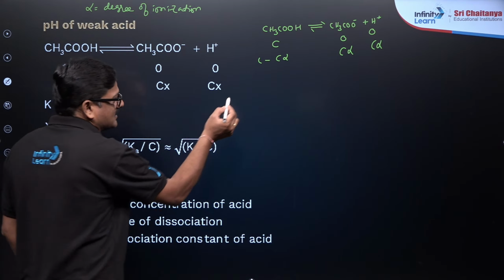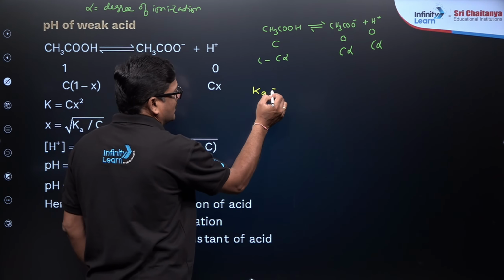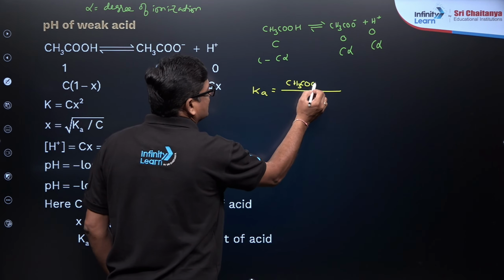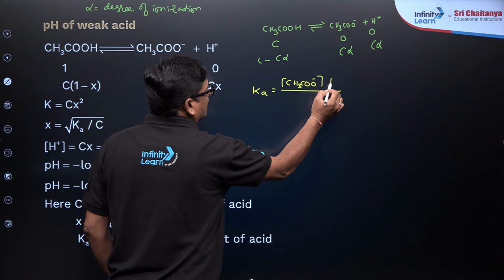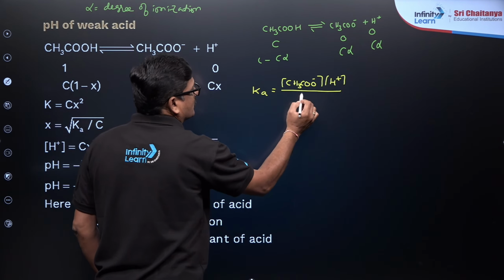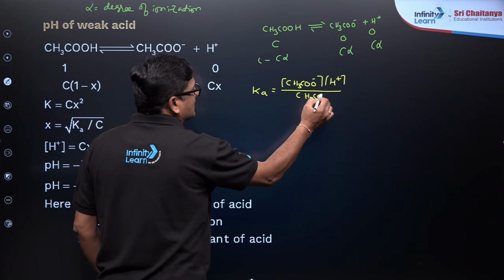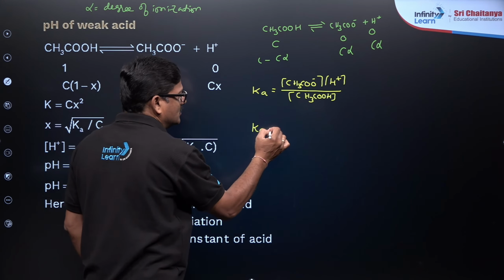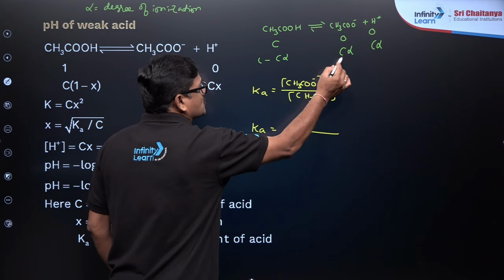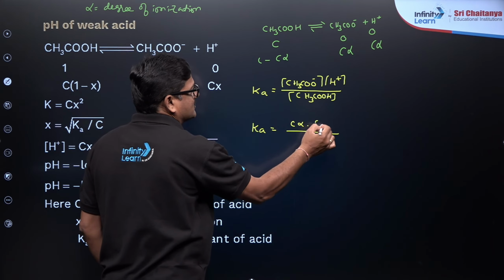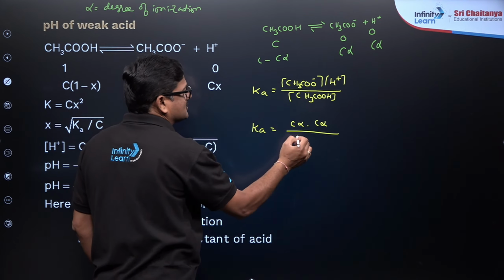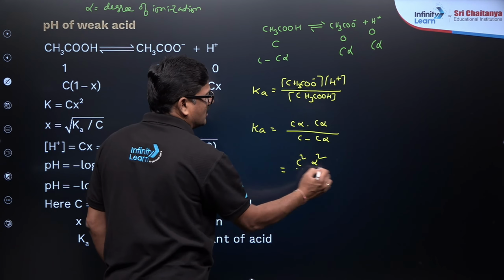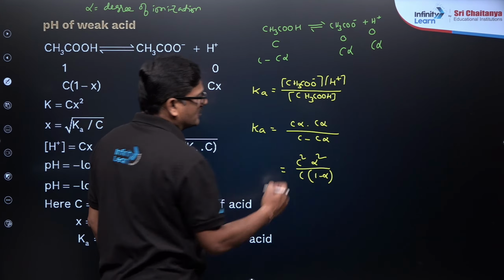So we can write the acid dissociation constant Ka is equal to, applying chemical equilibrium, CH3COO minus and H plus over CH3COOH, and Ka value is going to be C alpha dot C alpha, and इसका C minus C alpha होगा, so C square alpha square upon C of 1 minus alpha होगा, है ना?